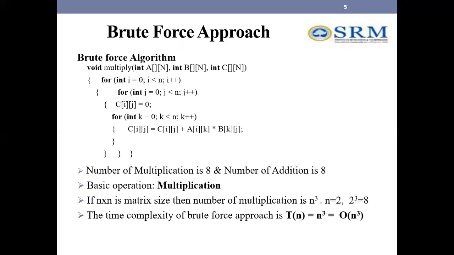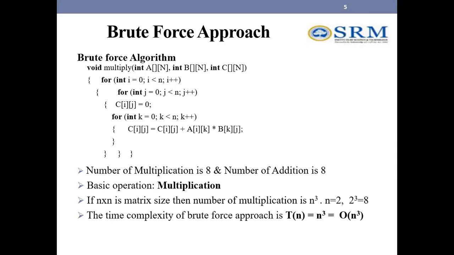And the algorithm name is multiply. There are 3 matrices, A and B input matrices and C is the output matrix. There are 3 loops: for i equal to 0, for j equal to 0, and for k equal to 0.